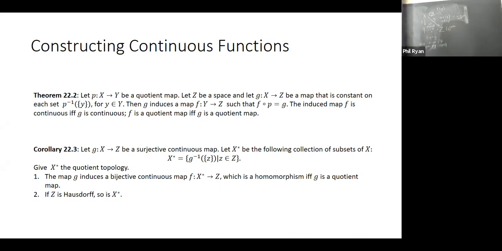And that's going to be a homeomorphism if and only if g is a quotient map. But no matter what, if Z is Hausdorff, the quotient space X star is going to be Hausdorff as well. And that's not so bad. It's clear that it's a bijection.